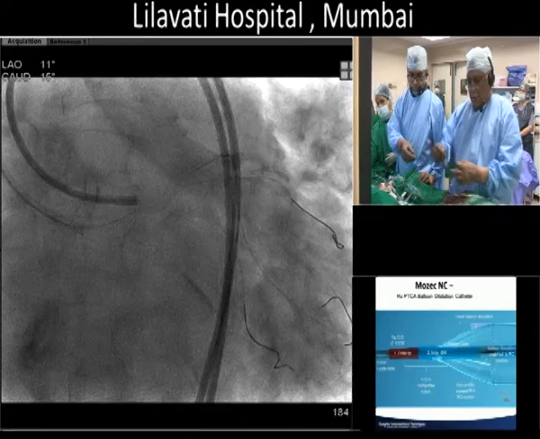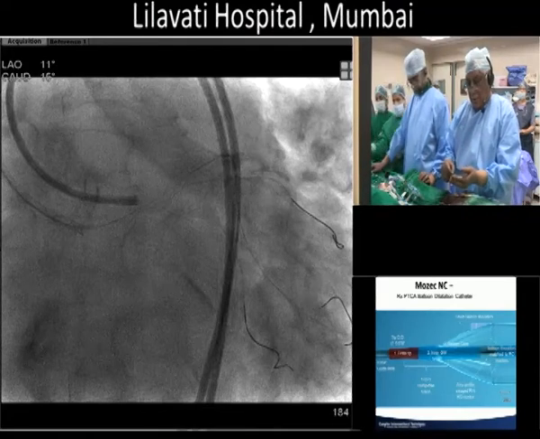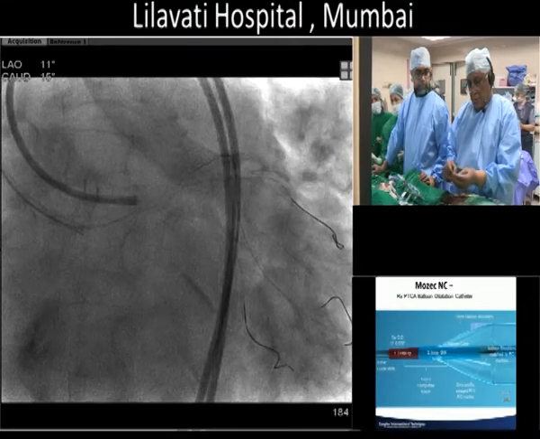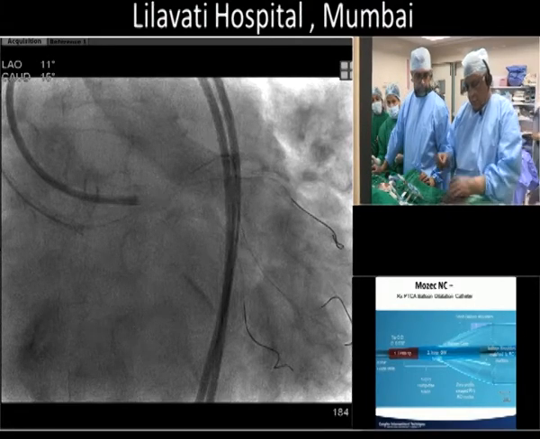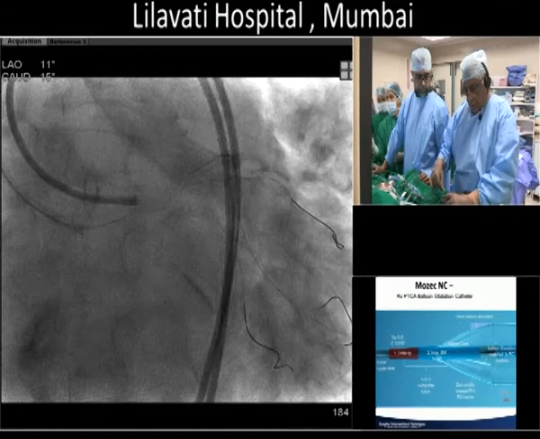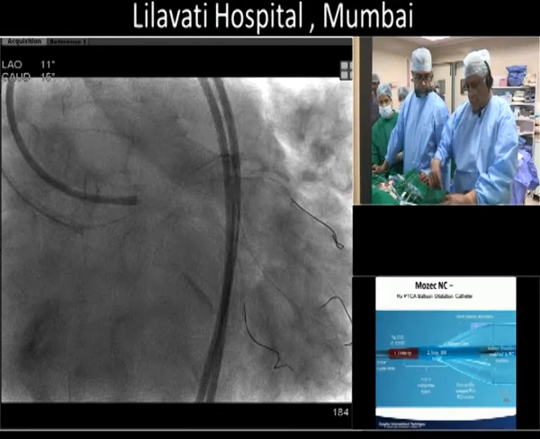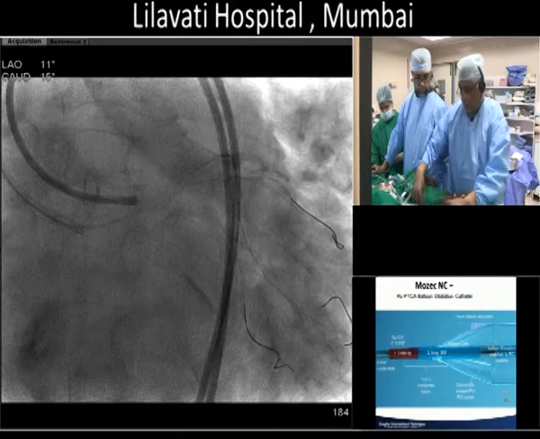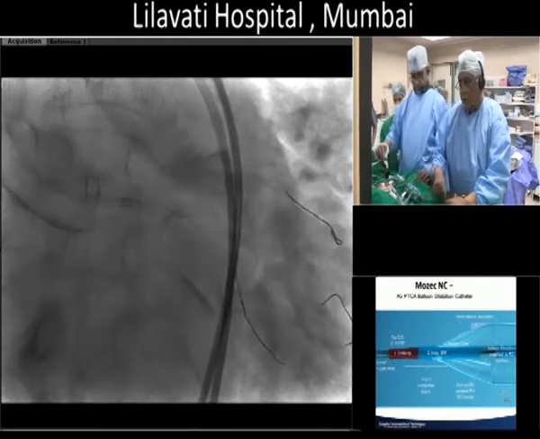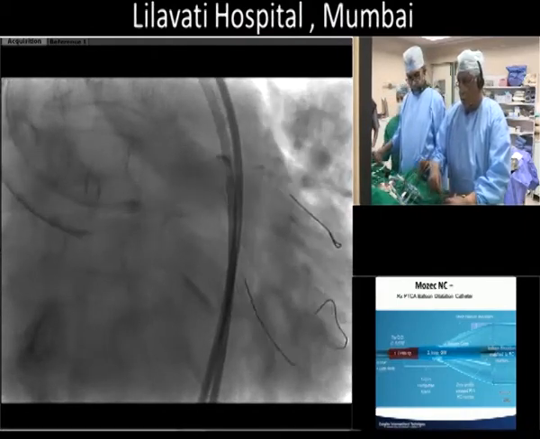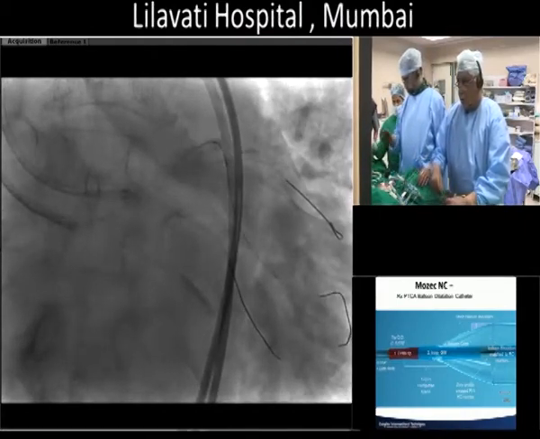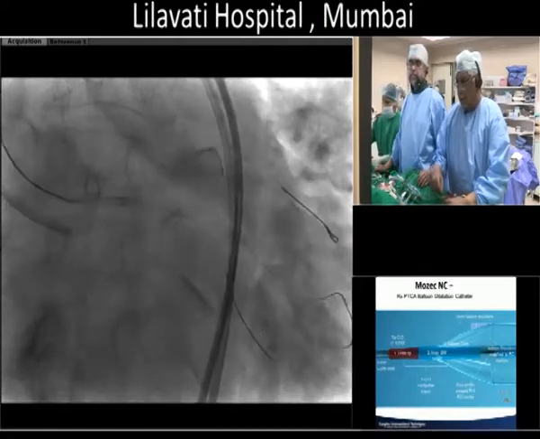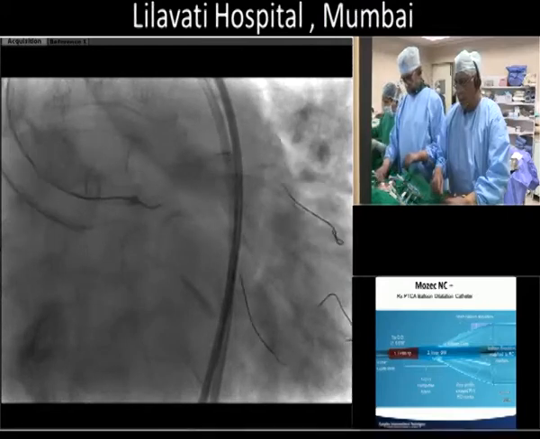Yeah, Cyan blue is a lovely wire, but the problem is if we use it as a default guide wire, for CTO the best guide wires are Asahi. I agree, though I don't think there's much difference with BMW or other guide wires. I think this has a slightly different feel. I used the BMW Universal.